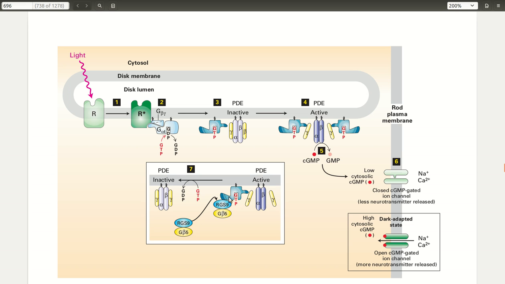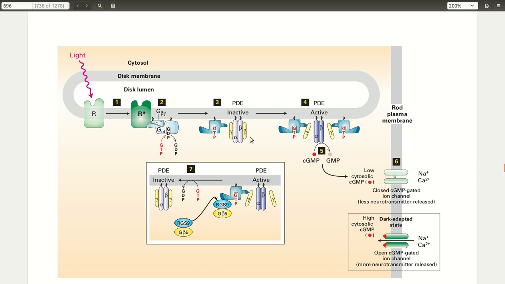And so then that would cause this alpha subunit to dissociate from the gamma, and so now the PDE will go back to its inactive form.